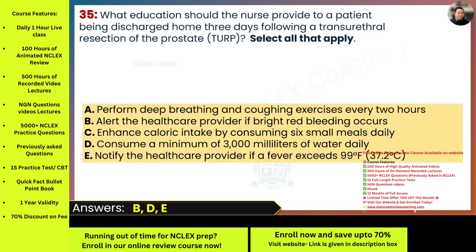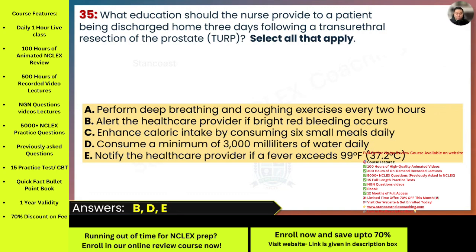Now, letter E is also correct. Notify the healthcare provider if a fever exceeds 99 degrees Fahrenheit, because we know that a slight fever in the days after the TURP will be a bit normal due to the inflammation of the body's healing process. However, if a fever exceeds 99 degrees Fahrenheit, this could indicate urinary tract infection or maybe another post-surgical complication.